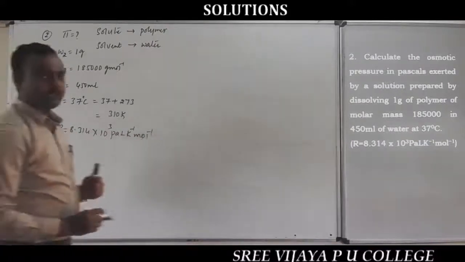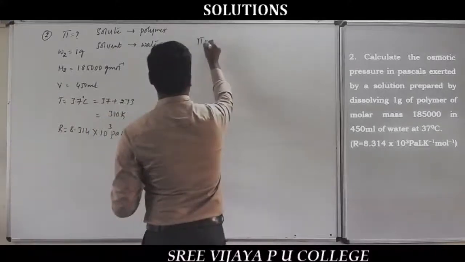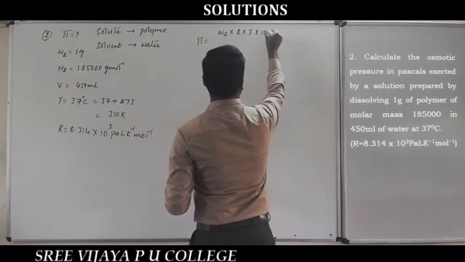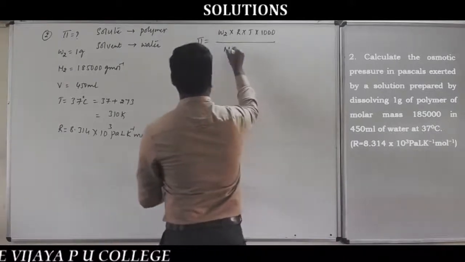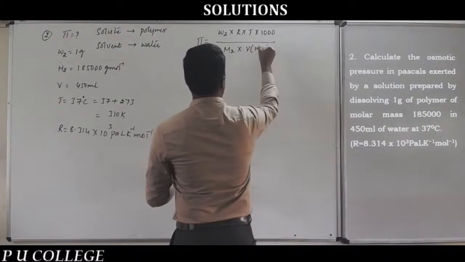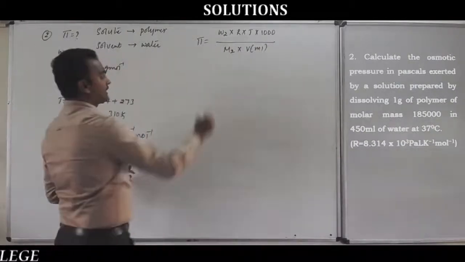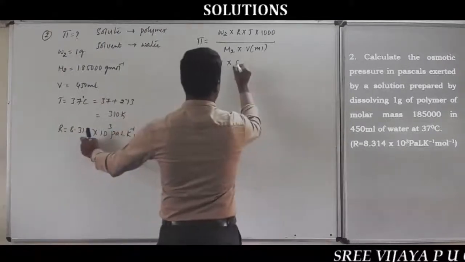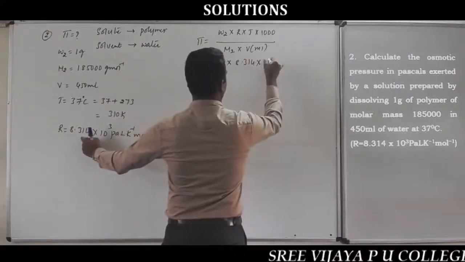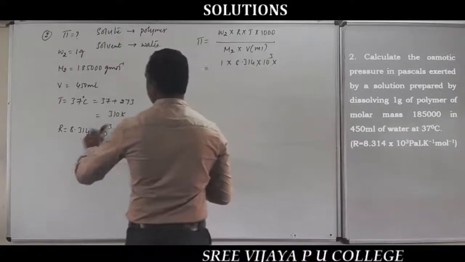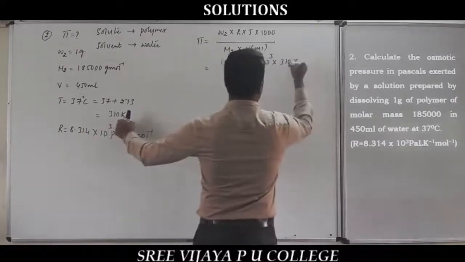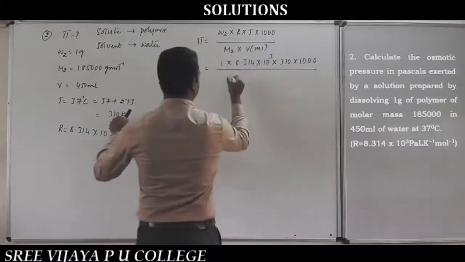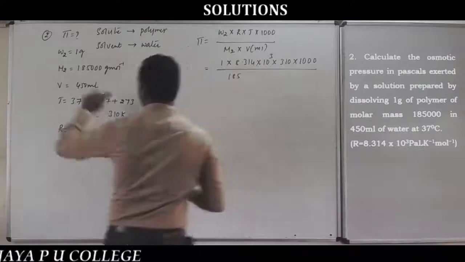So now we have to calculate the pi value. The equation is pi equals W2 into R into T into 1000, whole divided by M2 into V in ml. The value of W2 is 1 gram. The R value is 8.314 into 10 power 3, the temperature is 310, into 1000, whole divided by molar mass of solute, 1,85,000.